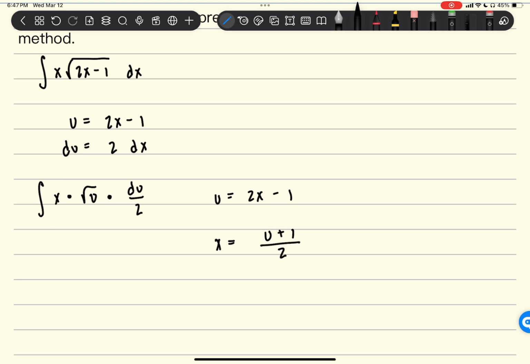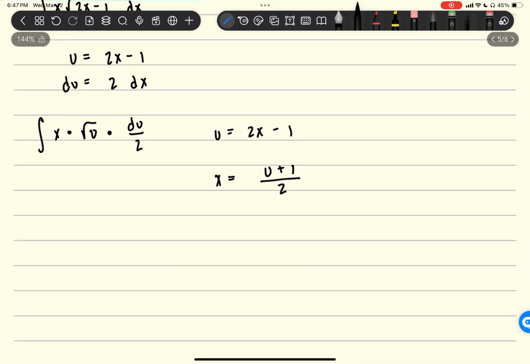So let's go ahead and introduce this new alternate form for x into our integral. All right, so we're going to have the integral of x, which is u plus 1 divided by 2, times the square root of u, times du divided by 2.